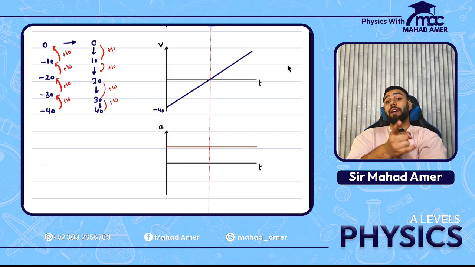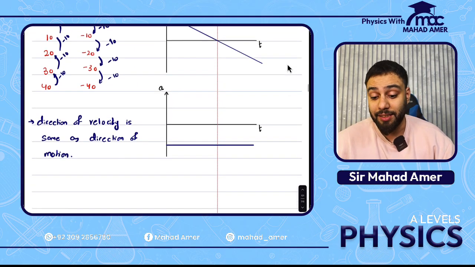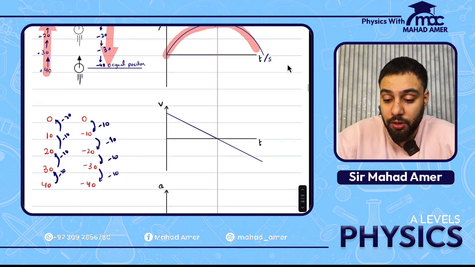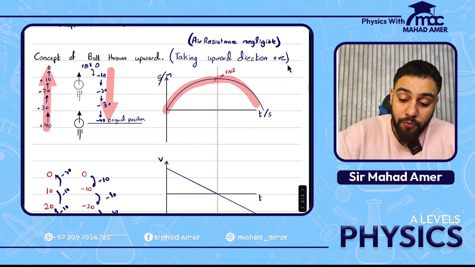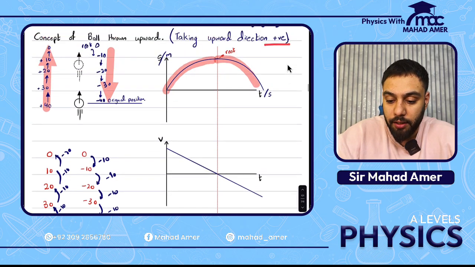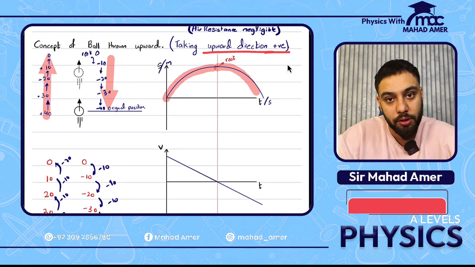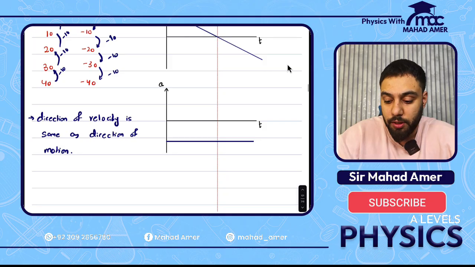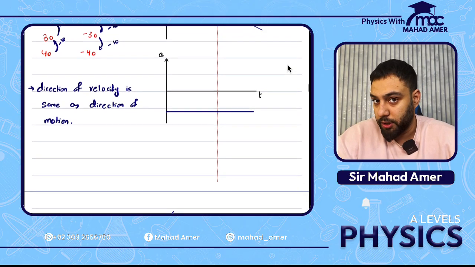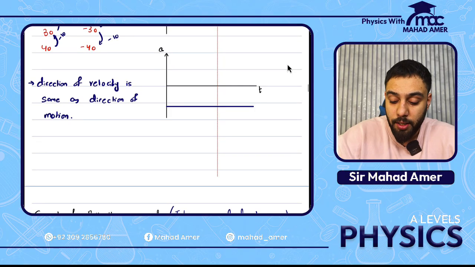And if the upward direction is positive, that means the acceleration will be negative. So acceleration is always opposite to the direction of motion I'm moving in. If the upward direction is positive, the acceleration is negative, and if the upward direction is negative, the acceleration is positive. So this is a point to be remembered.